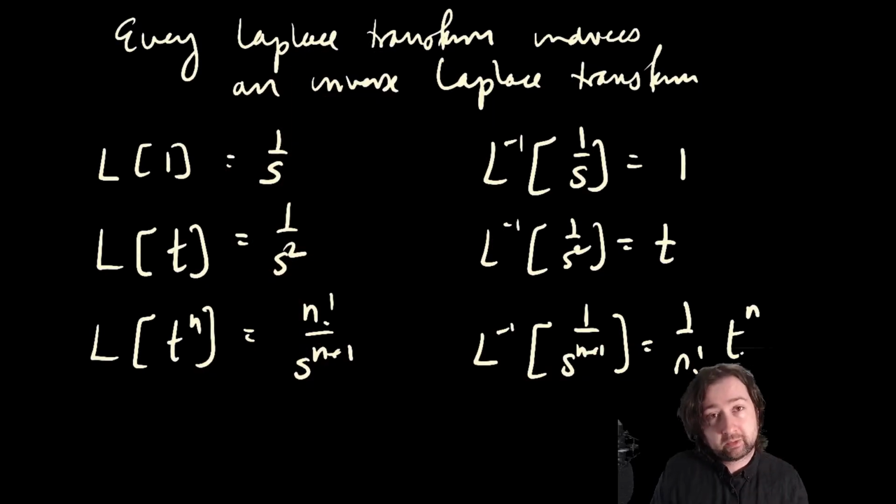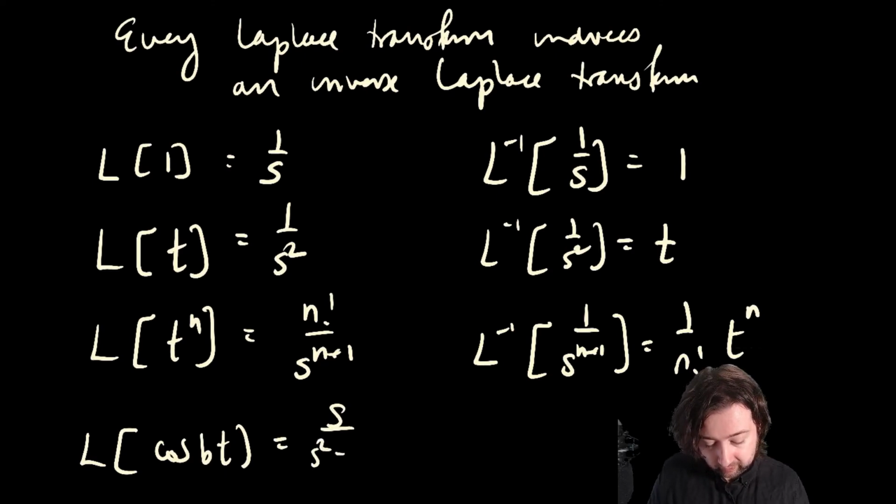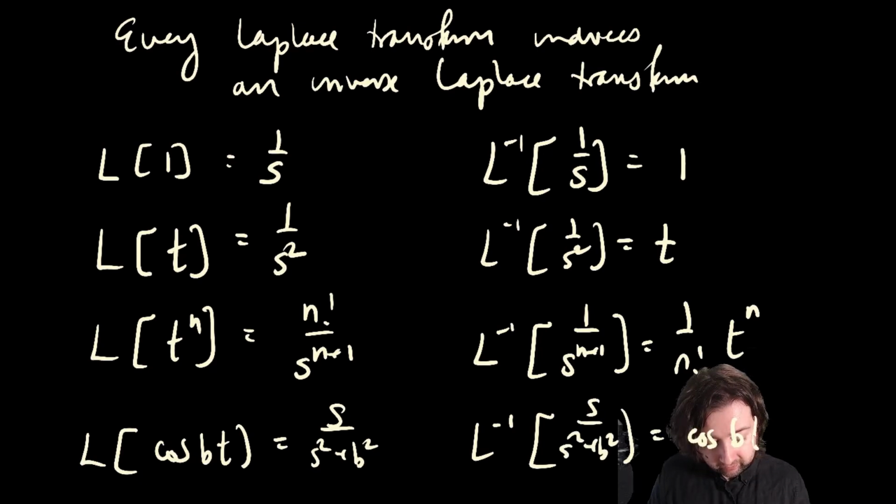You can also find Laplace transforms of sines and cosines. It's a very common thing to do. So the Laplace transform of the cosine of bt is equal to s over s squared plus b squared. And so, of course, that means that the inverse Laplace transform of s over s squared plus b squared is the cosine. A similar rule holds for sine.